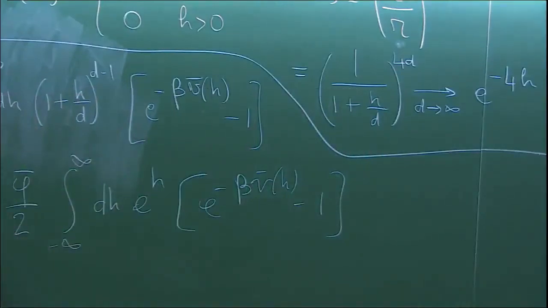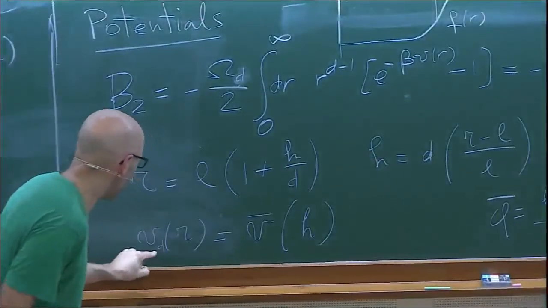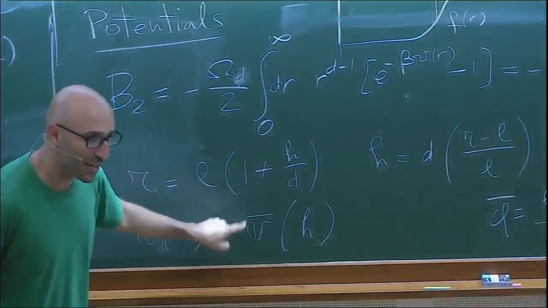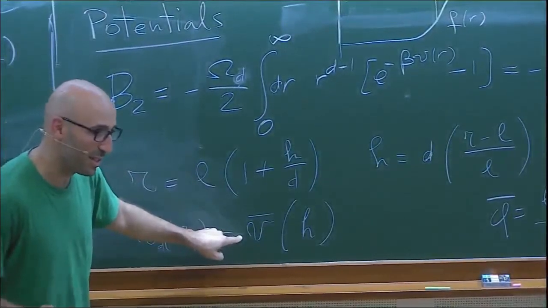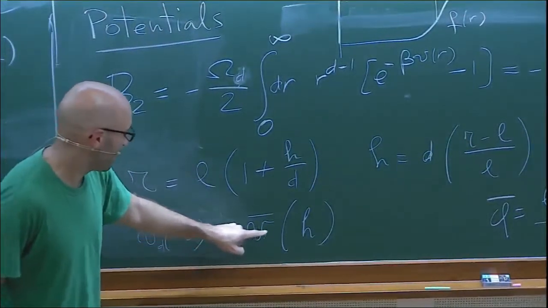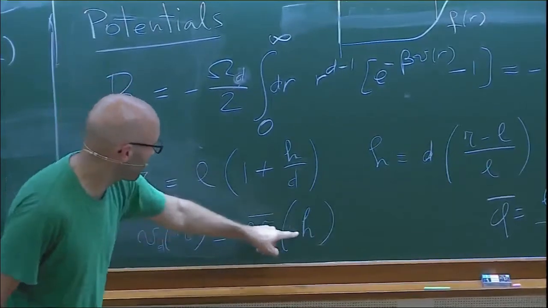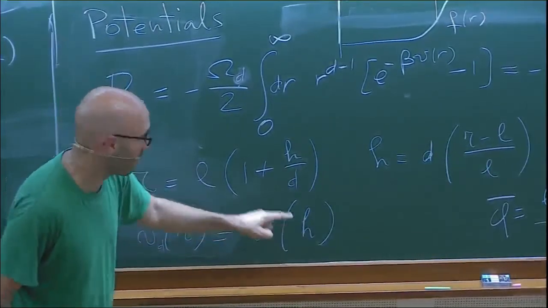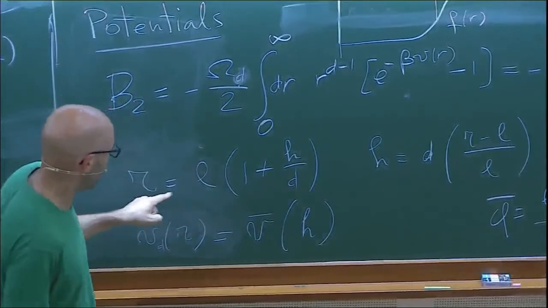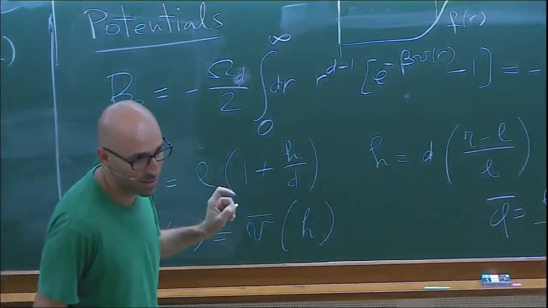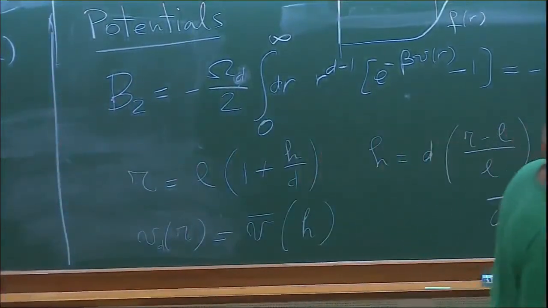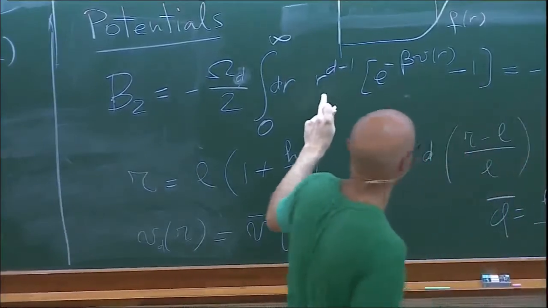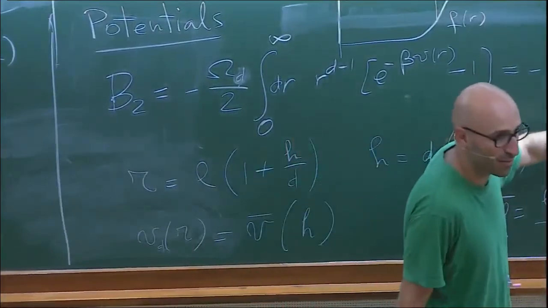So my potential depends on D, but I want to write it in a way that is a finite function that does not depend on D. But the dependence on D is only through this argument. So H depends on D, and it's a change of variable. So the only thing I did here is to make this change of variable.